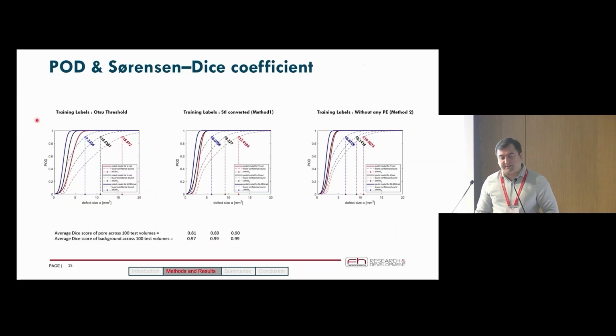Then we compare them with the probability of defect detection to check the minimum detectable region. If we use the training labels with auto threshold, you can see the results for three cases. The blue dashed line is the modified 3D U-Net, the black one is the U-Net, and the red shows the VNet experiment performance here.